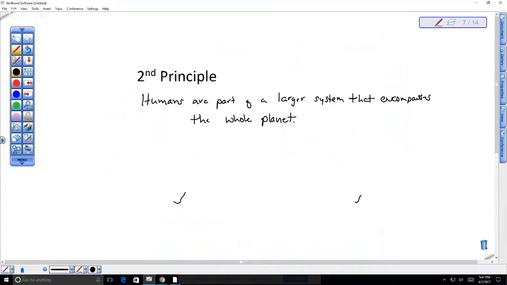And it's important to realize that when we look at a system, it is interconnected parts. So a system consists of interconnected parts. And interconnected means that if you adjust one part of the system, it is going to affect all the other variables. So if you change one variable, it's going to affect all the variables.